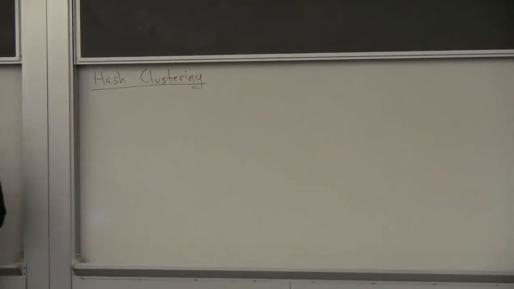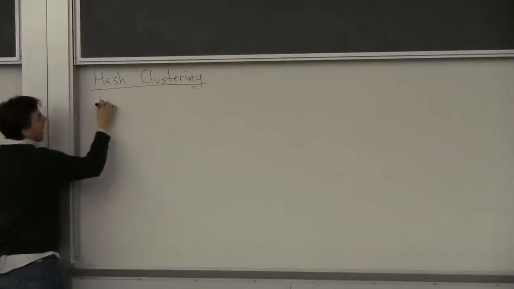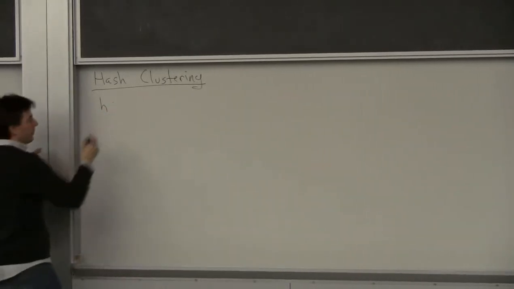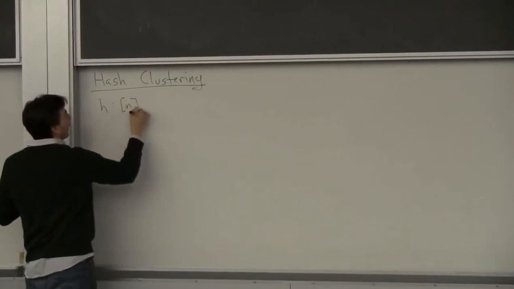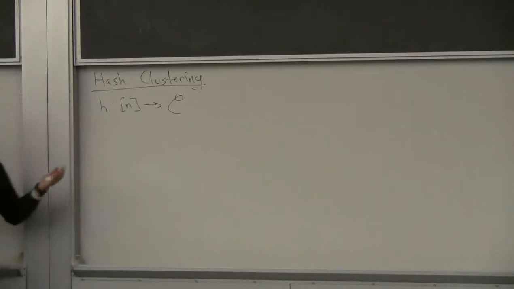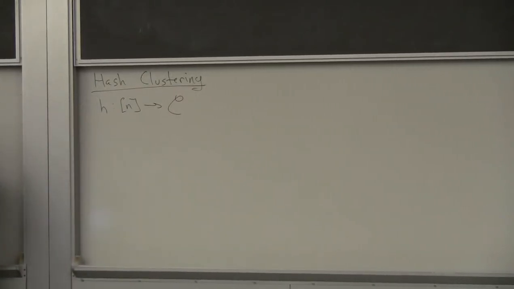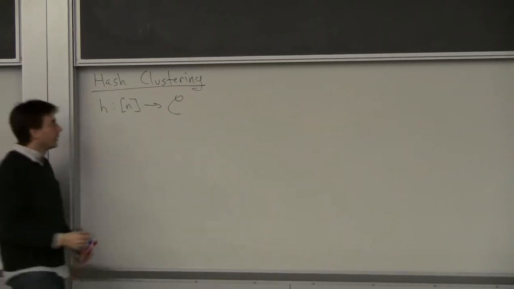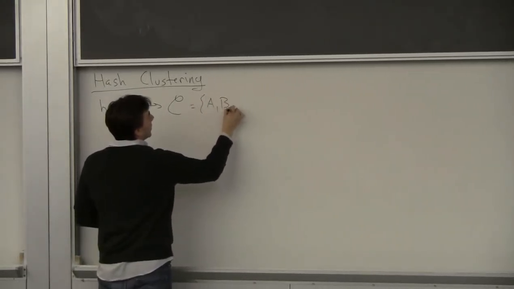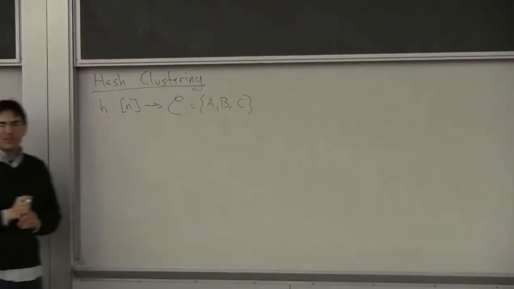Okay, so the idea is I'm going to create some sort of hash function which goes from my set of all elements to a set of clusters. I'm going to group some of these rows together. Each of the elements will be one of the rows here. Let's say that this set in our example is going to be A, B, and C. Okay, so we could think of a couple of things.